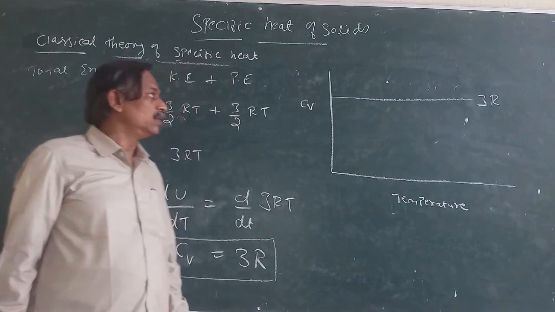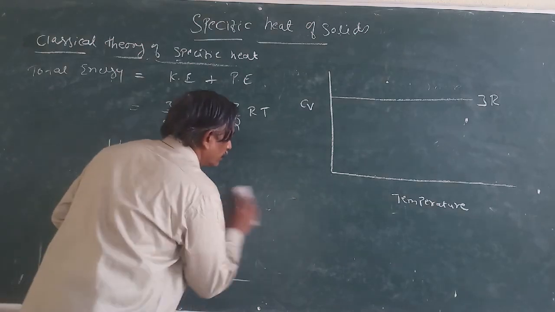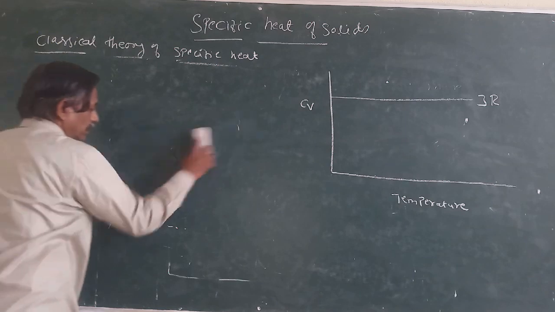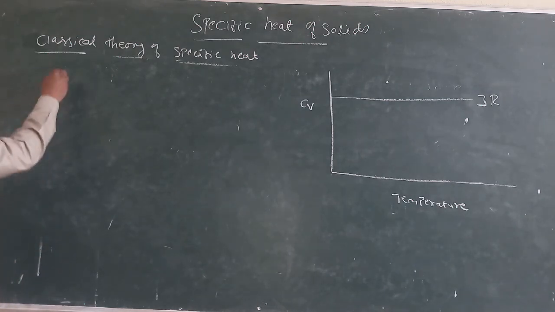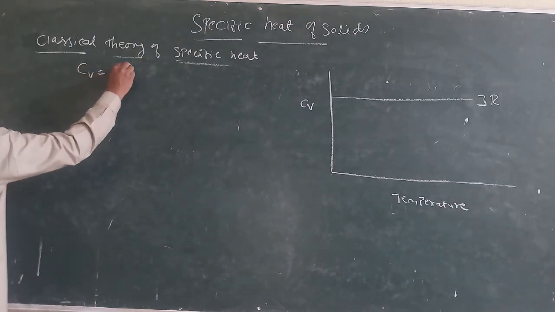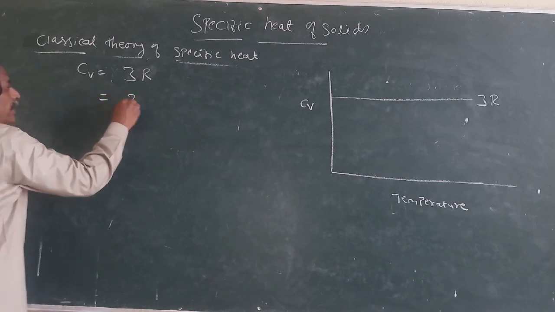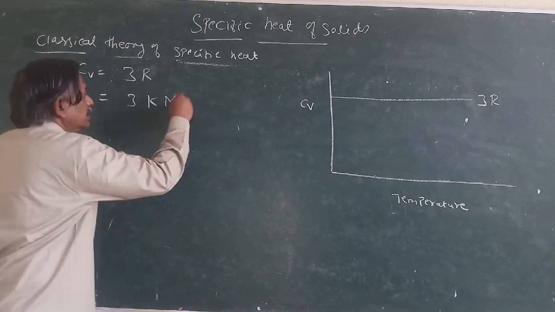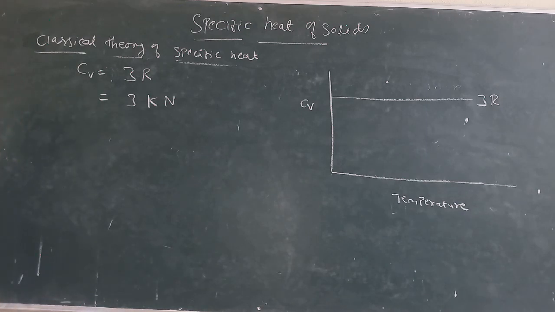Now from this we have to define the Dulong and Petit law. Cv is equal to 3R. But what have we taken for R? R is equal to K·N, since earlier we took R as the Boltzmann constant multiplied by the Avogadro number.